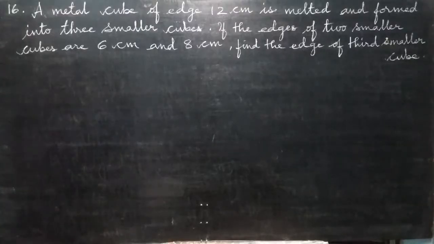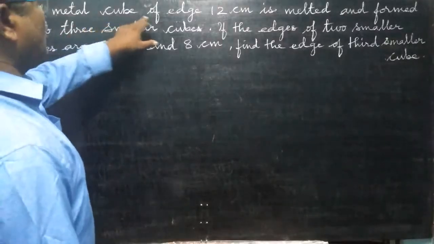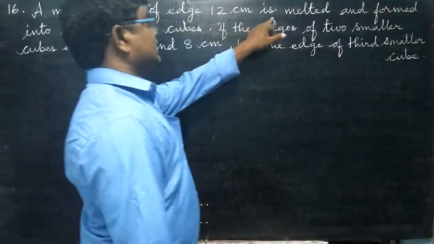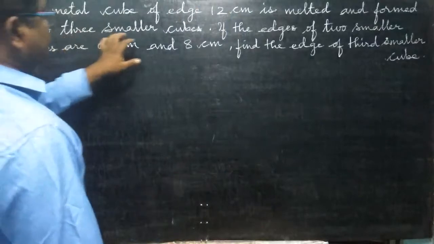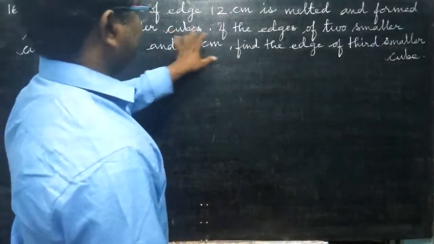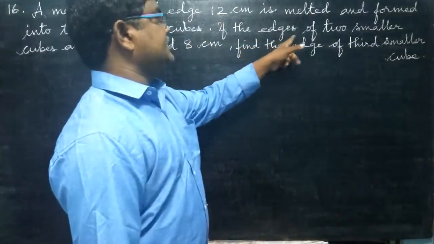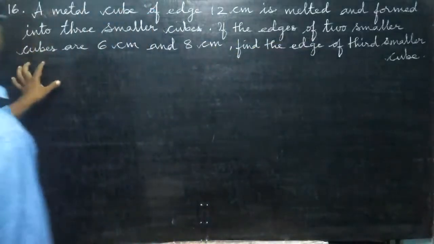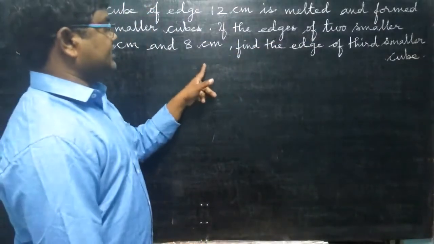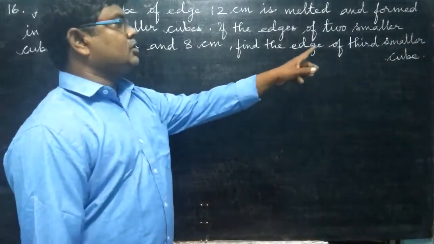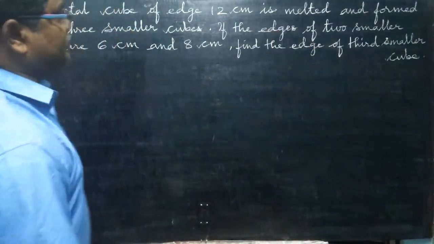16th problem. A metal cube of edge 12 centimeters is melted and formed into 3 smaller cubes. If the edges of 2 smaller cubes are 6 centimeters and 8 centimeters, find the edge of the third smaller cube.